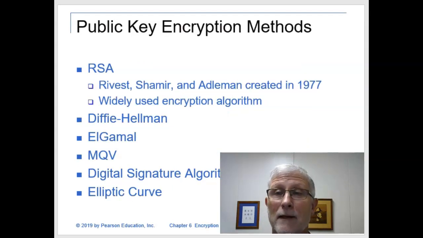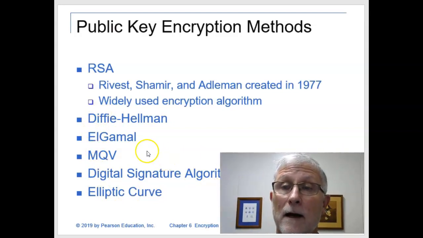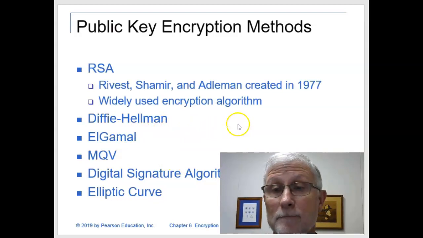There are several different methods out there. There's RSA, which is widely used, and then several others that have been looked at and investigated, and in some cases are used.